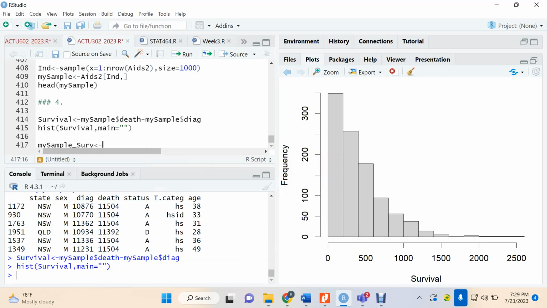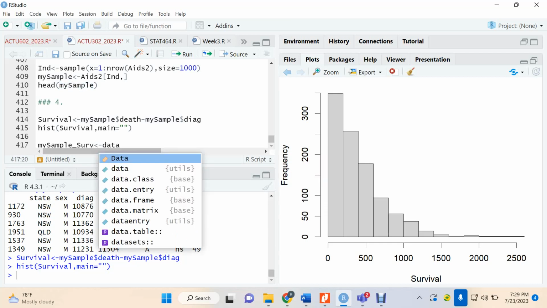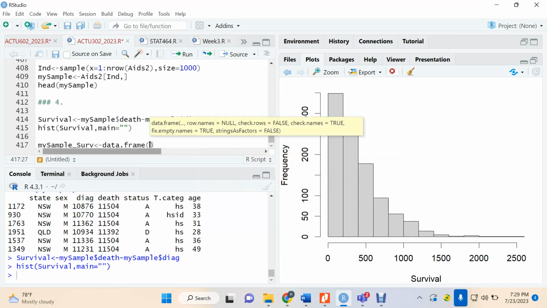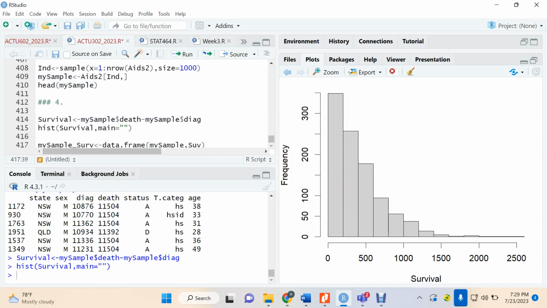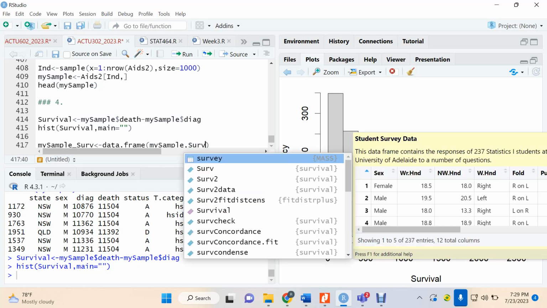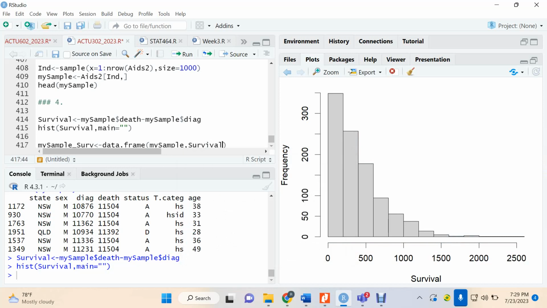My sample serve will just be a data frame. I said it should be a data frame, right? So you call this and then you add survivor. Survivor, like that. So, there.